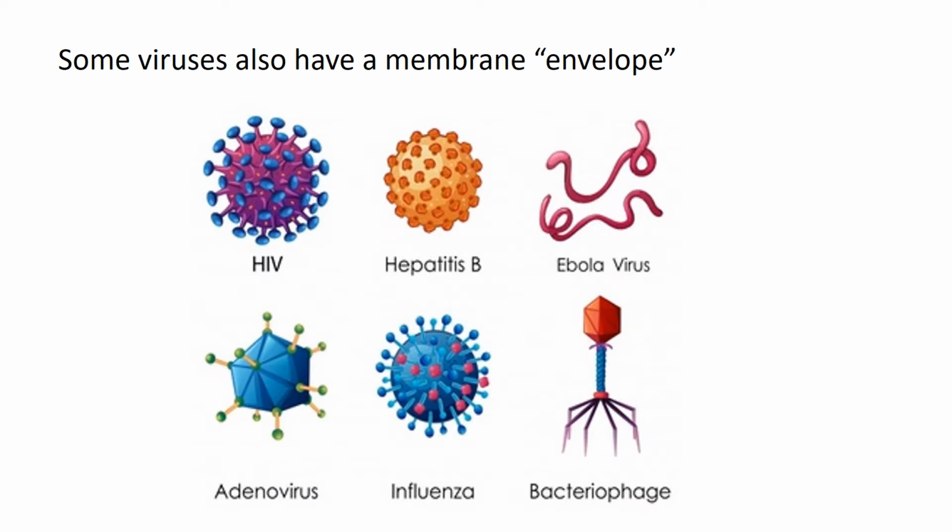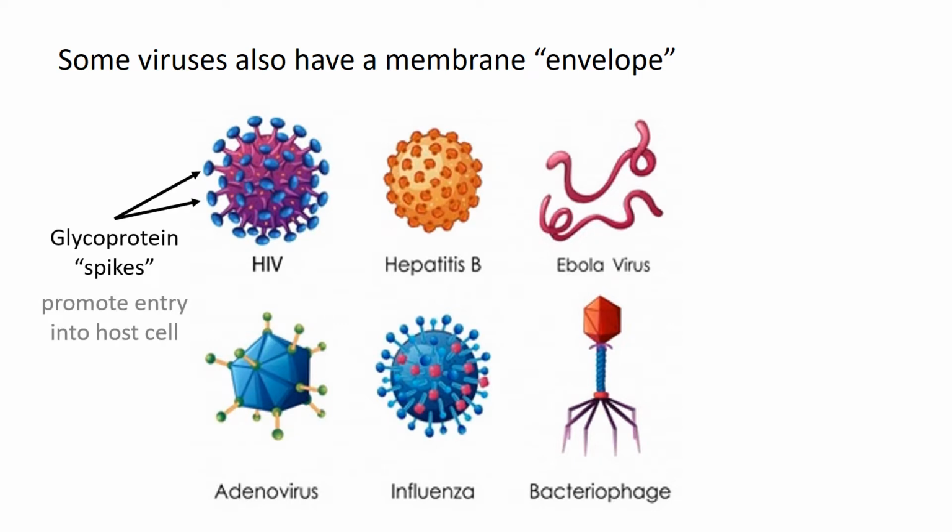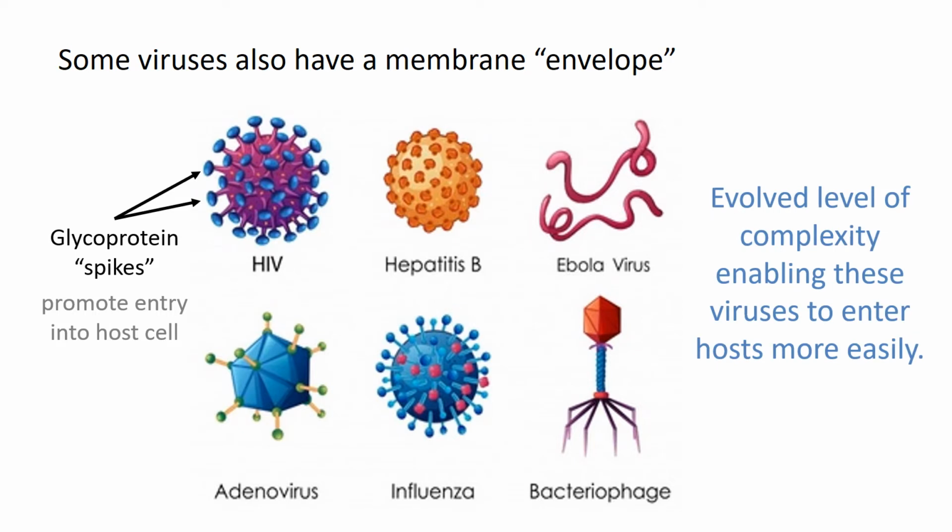Some viruses have evolved an additional structural component called an envelope. And the envelope is made up of something similar to a cell membrane. It usually contains glycoprotein spikes that serve a function to promote viral entry into the host.